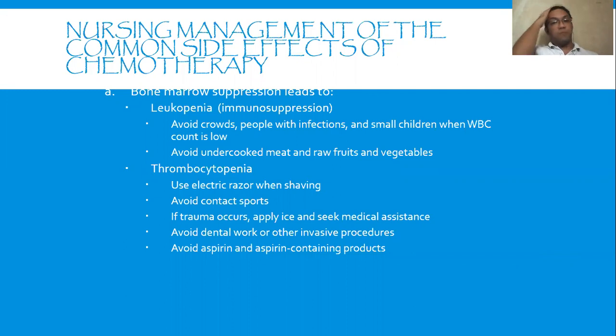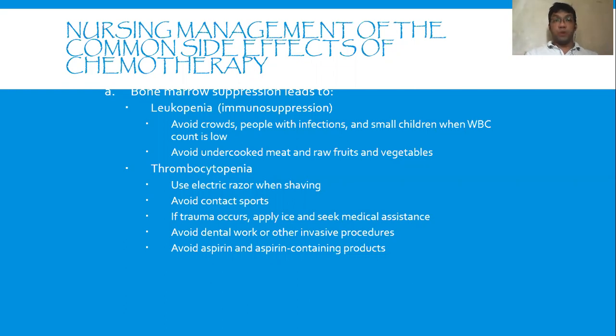So if the patient has thrombocytopenia, we are going to advise the patient to use electric razors instead when shaving. So I have that kind of electric razor. They are going to avoid razor blades because cuts can occur with them. If any of you males have been using razor blades, cuts are common with those kind of shavers.